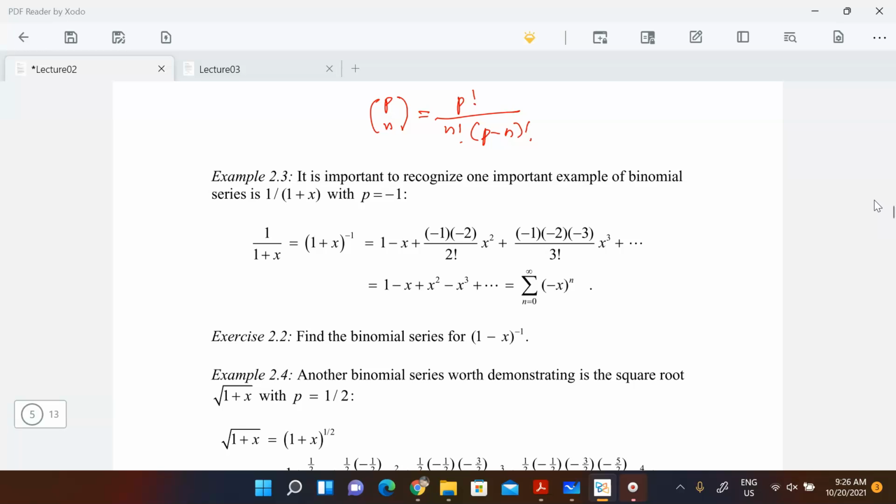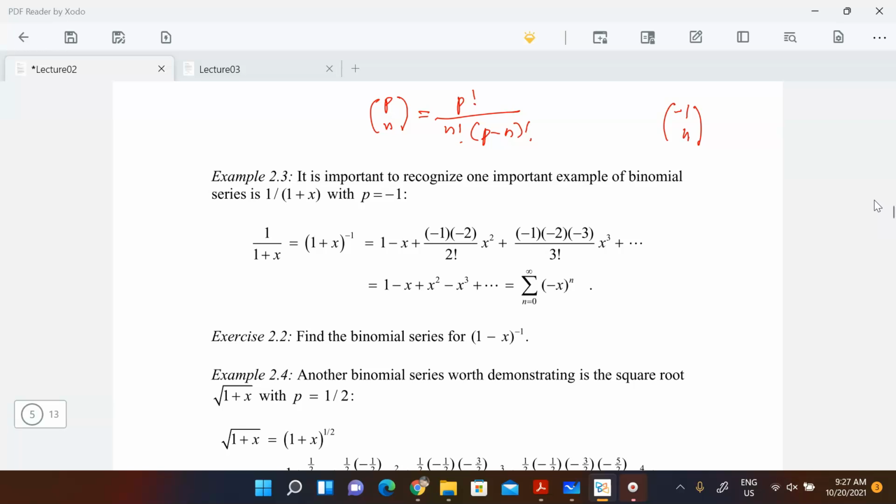But it will get cut off at this n factorial thing, so you just go from p until n plus 1, and then you have to divide by p minus n factorial. So you do the same kind of thing. So for example over here, this will be minus 1 n.